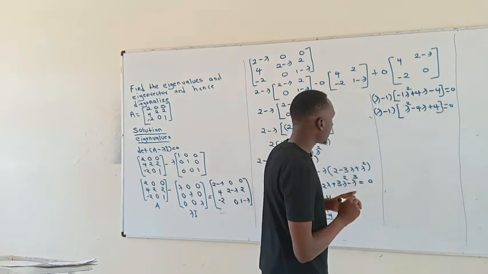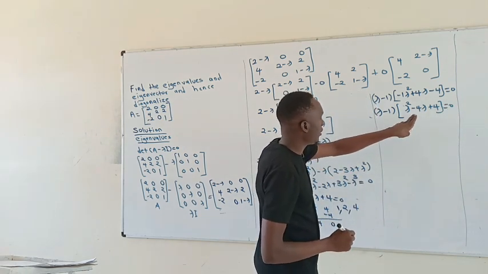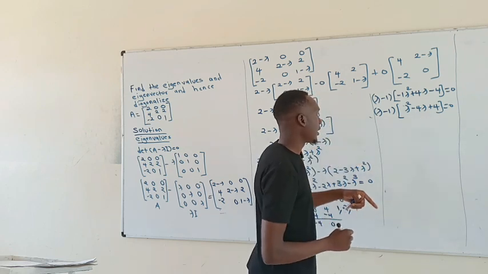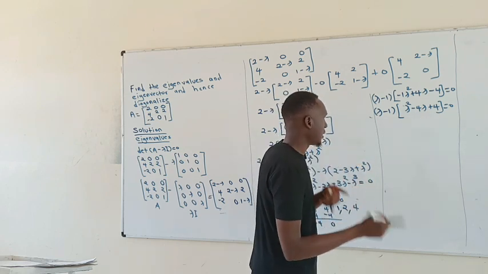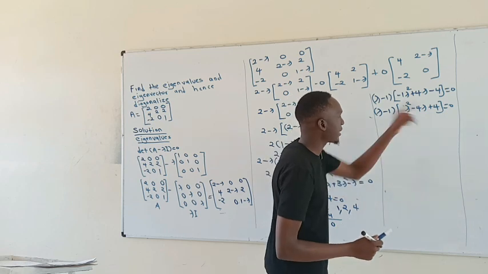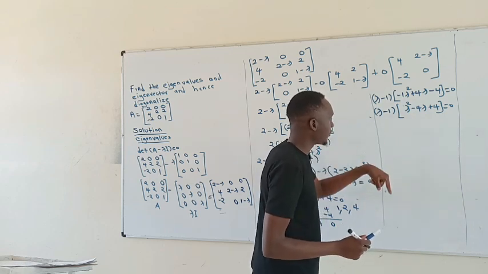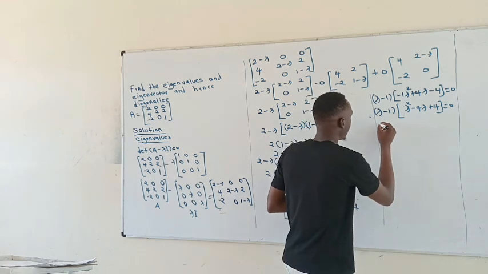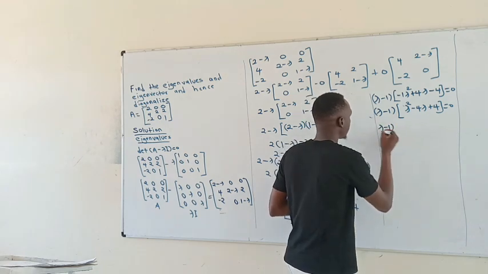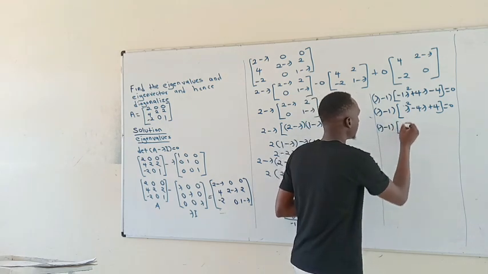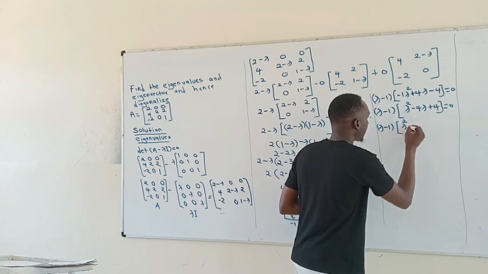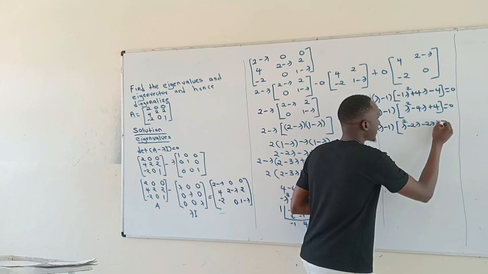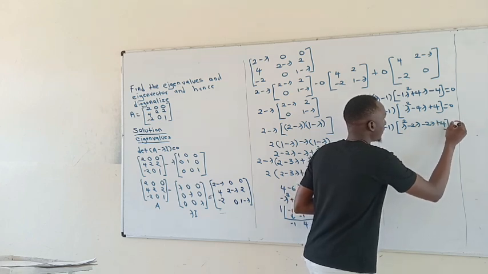Now let's look for two numbers. When we add, we find negative 4. When we multiply, we find positive 4. That's negative 2 and negative 2. Since negative 2 plus negative 2 is negative 4, negative 2 times negative 2 is 4. So we have lambda minus 1 into lambda squared minus 4 lambda plus 4 should give us 0.